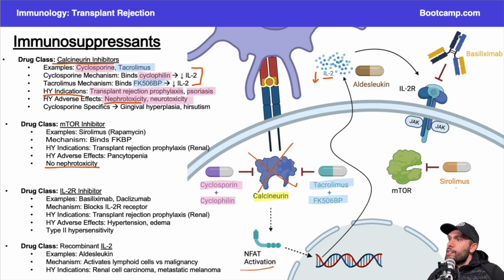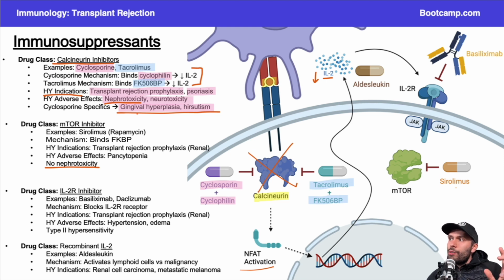Now, you might be saying, okay, well, these two sound exactly the same. Am I going to have to distinguish the two? Well, if you did have to distinguish the two, it's important to know that only cyclosporine can cause the gingival hyperplasia and hirsutism, right? So if you're in a board question and you're trying to distinguish cyclosporine from tacro, that's what you're looking for. When I see gingival hyperplasia, by the way, in a board question, I'm usually thinking about phenytoin, okay?